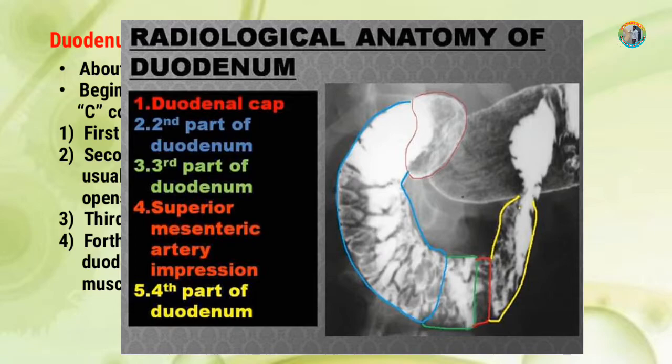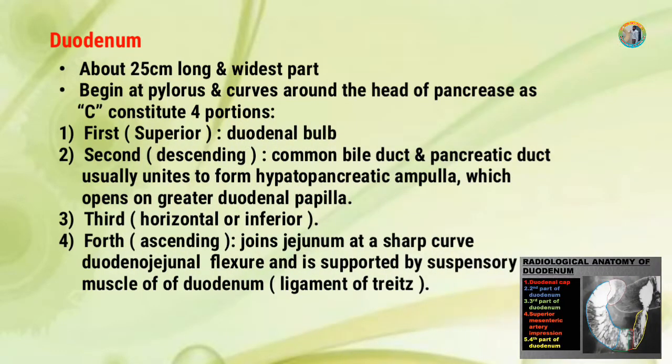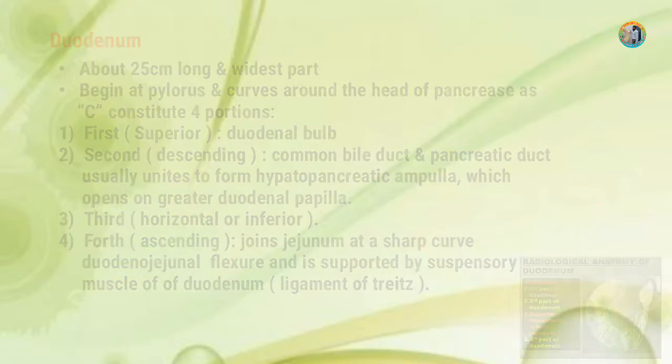Third, the horizontal or inferior part, and fourth, the ascending part, which joins the jejunum at a sharp curve called the duodenojejunal flexure and is supported by the suspensory muscle of the duodenum, that is the ligament of Treitz.